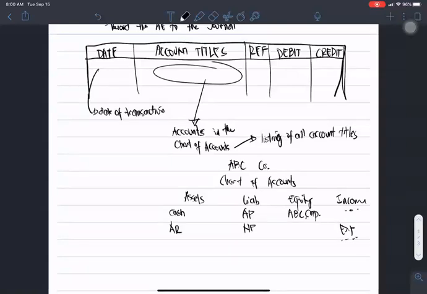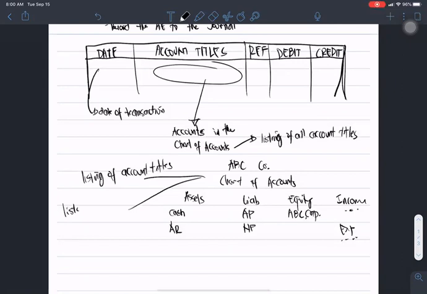So in our chart of accounts, we use both the account titles. Your chart of accounts is composed of the listing of account titles and the listing of account numbers. So what are account titles again?